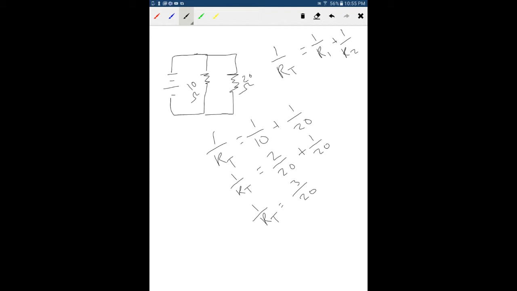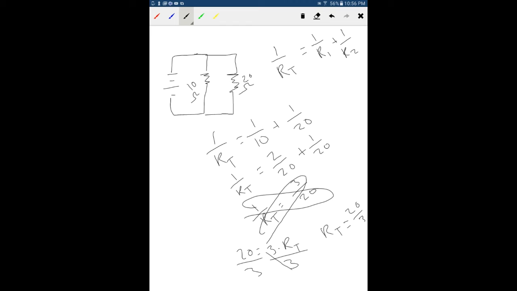At this point you're almost done. Now we need to take the inverse of both sides, or we could solve by cross multiplication. Since everyone's told me they love cross multiplying so much, let's do that. Cross multiplying, 20 equals 3 times the total resistance, and then we divide by 3 on both sides. So total resistance equals 20 over 3.